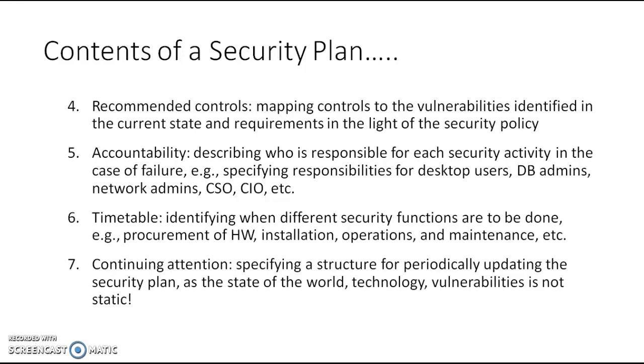If you have a vulnerability like XSS, what is the control for that. So you need to see the vulnerabilities identified by your current state and the requirements in the light of the security plan. All this is called the mapping. So mapping is usually with respect to your current state, with the vulnerabilities, and with your requirements.